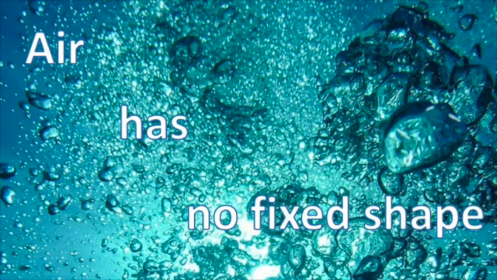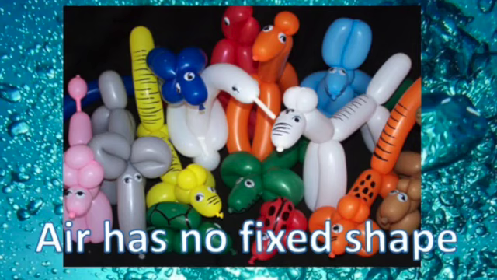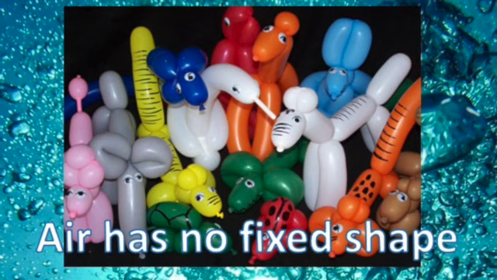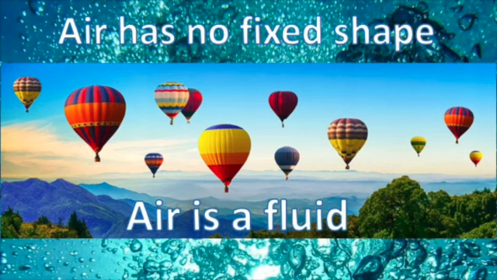So the air around us is definitely also a fluid because it has no fixed shape, as we can see from this image of air bubbles and these mouldable balloons full of air in all sorts of different shapes. And these hot air balloons full of air. So if air has no fixed shape, it must definitely be a fluid.